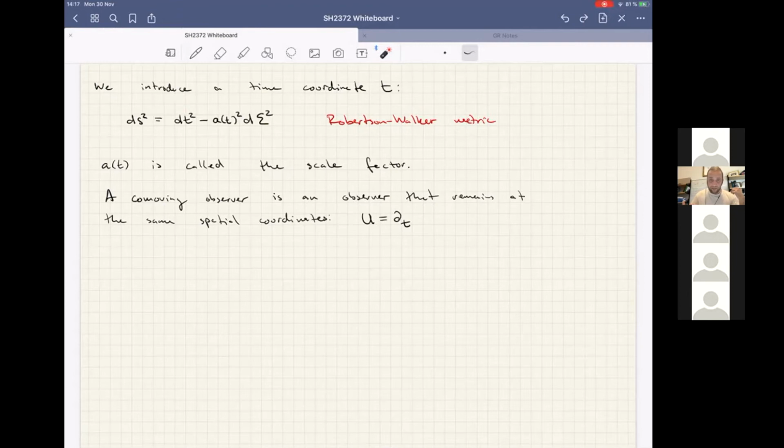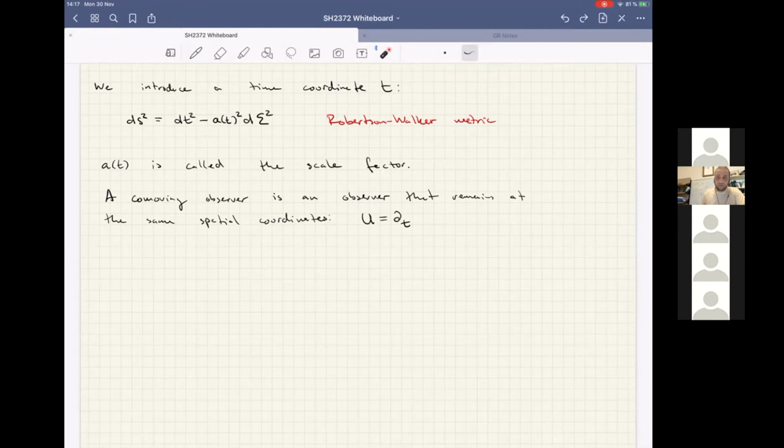So if this Robertson-Walker space-time is going to describe our universe, it better satisfy some sort of Einstein equations. So the rest of this lecture we will spend on discussing that.